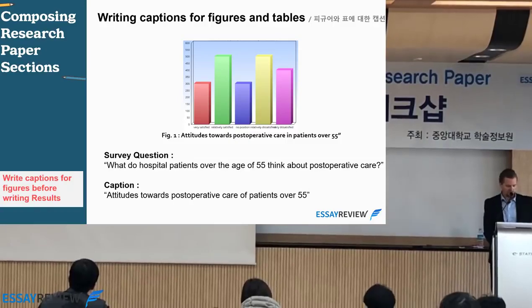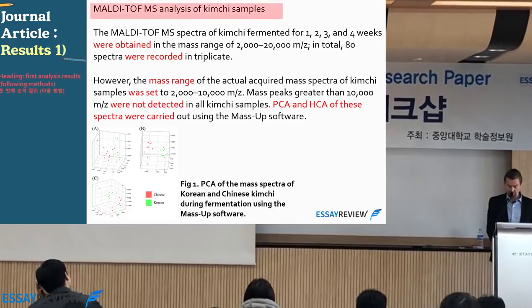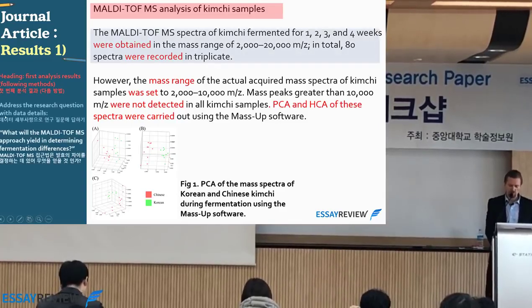Let's look at our example again. So you can see they start with this, MALDI TOF MS analysis. That was the first method of analysis brought up in the methods section, remember? So this author addresses the research question with details about the data. The MALDI TOF MS spectra of kimchi fermented for 1, 2, 3 weeks were obtained in the mass range of 2,000 to 20,000 m/z.